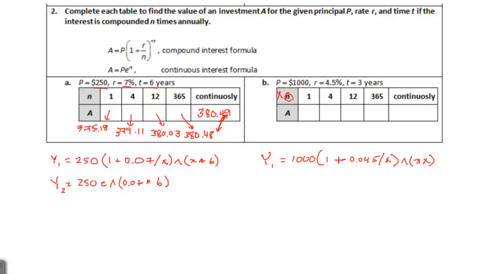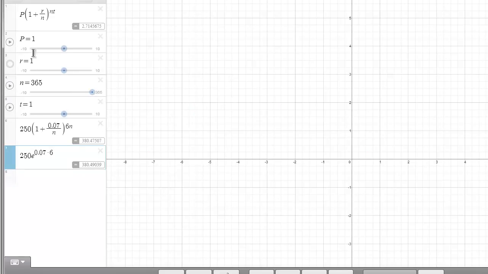Okay, so let's check that out. We'll use this system up here. This was 0.045, and this was 3 years and $1,000. Gives us a value of $1,144.53 when rounding.